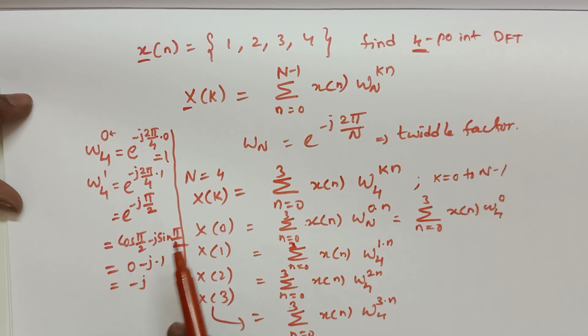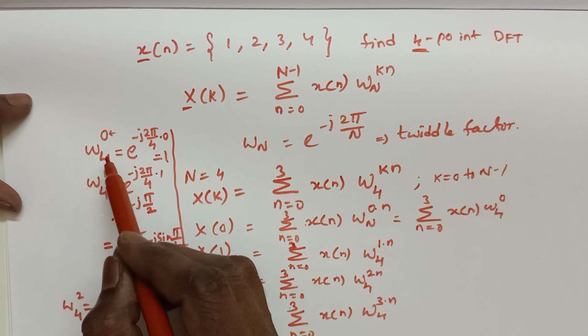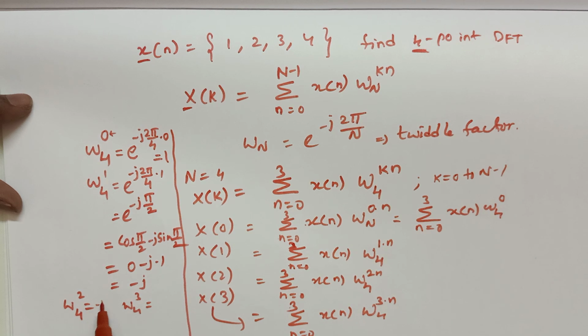For the remaining half, W_4 power 2 and W_4 power 3: the power value varies from 0 to N minus 1, that is 0 to 3, which means 4 twiddle factors. Of the 4 twiddle factors, we calculate the first 2, and the remaining 2 are the negatives of the first 2. W_4 power 2 is equal to minus W_4 power 0.